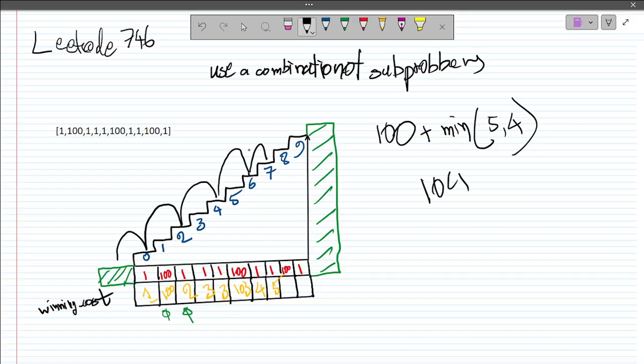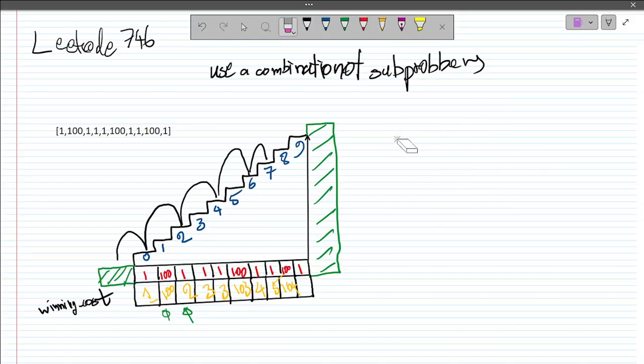So the best case is like this if I want to come here, but I don't actually want to come here because that's so expensive. 104, right? We are going to keep track of that. So we took the step from here, but we're going to erase that in the next round.